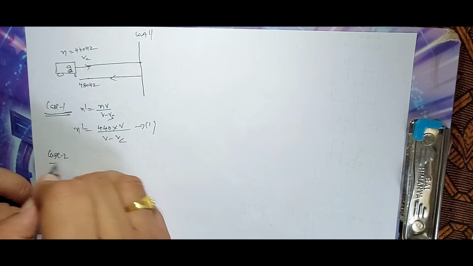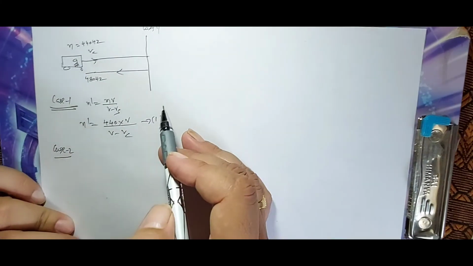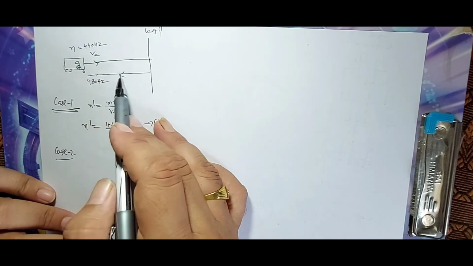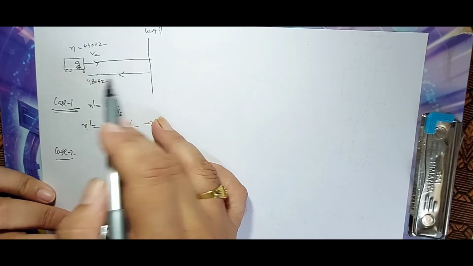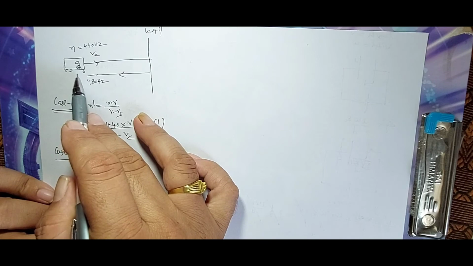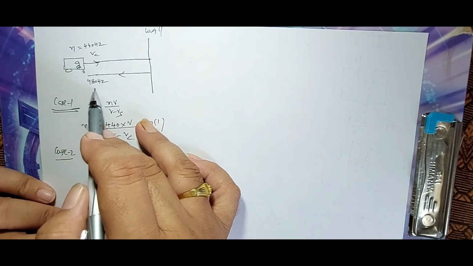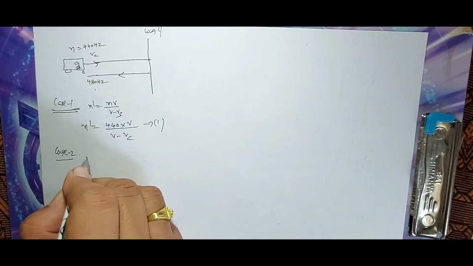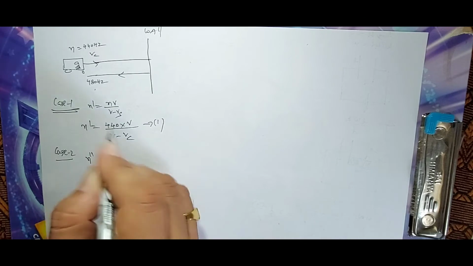In case 2, the sound reaches the wall and is reflected. But the observer in the car listens to this frequency as 480 Hz, that is n double dash, the apparent frequency heard by the observer.